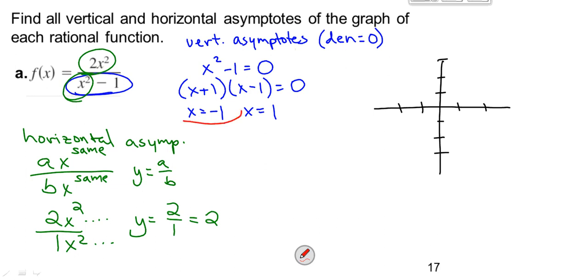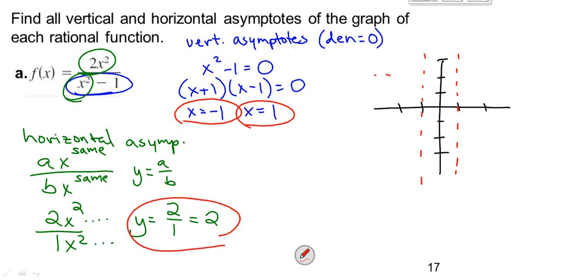I have vertical asymptotes at x equals negative 1 and positive 1. So I have one there and I have one there. And then I have a horizontal asymptote at y equals 2. That divides my coordinate plane into six little compartments, and then I could move on and graph from there.